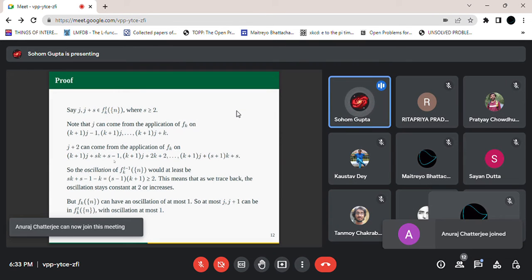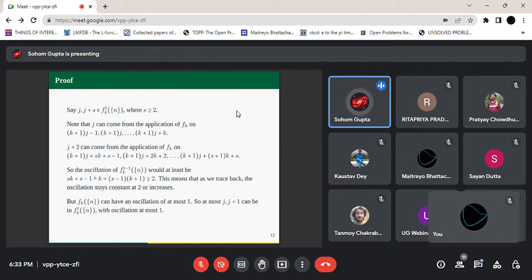So let me take the difference of those two and see whether it is greater than s or less than s. The oscillation is basically the largest element minus the smallest element. Under this condition that j and j plus s are the largest elements there, the oscillation would be this element, which is the smallest element from where j plus s comes, minus this element, which is the largest element from which j comes.